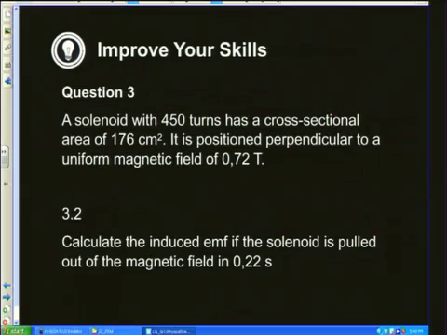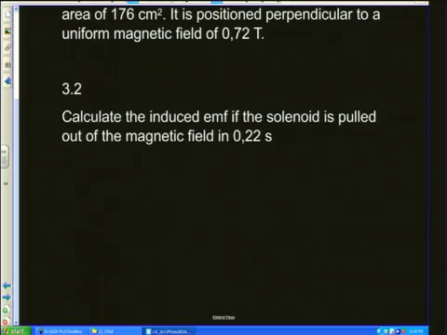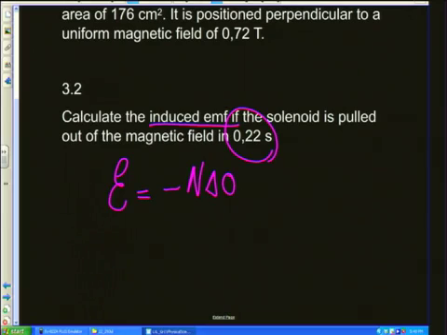The next one, 3.2, says calculate the induced EMF if the solenoid is pulled out of the magnetic field in 0.22 seconds. Now, EMF equals minus number of turns times change in magnetic flux divided by change in time.